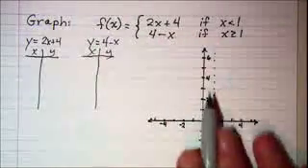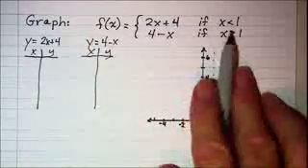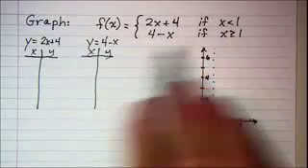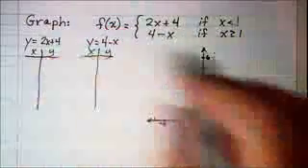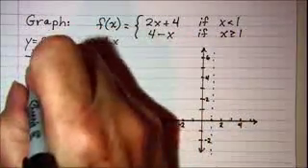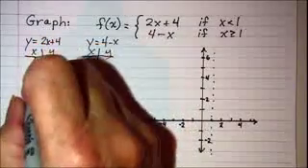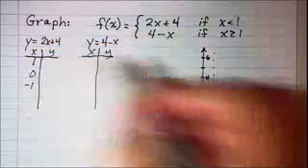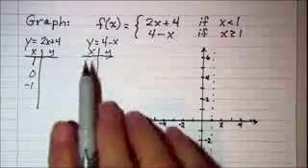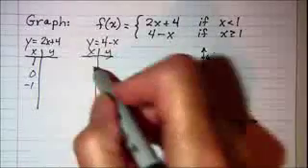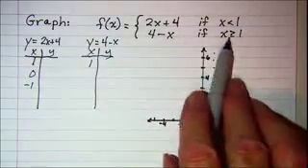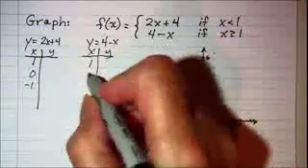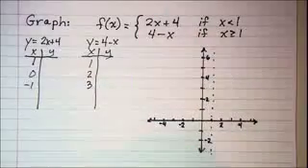I'm going to include that 1 on both charts so that I can see what happens at that boundary. Okay, so I'll include the 1, and let me do 0 and negative 1. And then on this one, I'll include the 1, and then for 4 minus x, that's for x values bigger than 1, so I'll do 2 and 3.